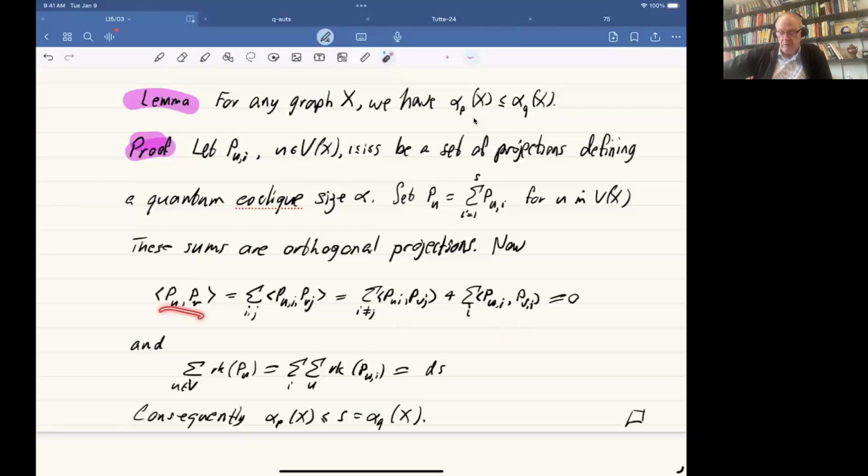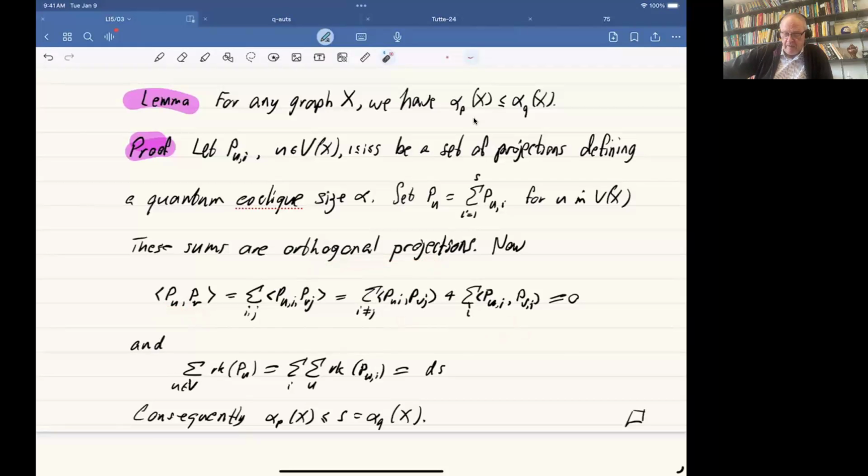So these guys are orthogonal in that sense. So when I'm talking about orthogonal projections here, I mean they're orthogonal as projections, so they're D by D, Hermitian and idempotent. Now, what we're establishing here is they're also orthogonal in the other sense of the word. You can't complain that I use orthogonal twice, but this is more completely standard, unfortunately.